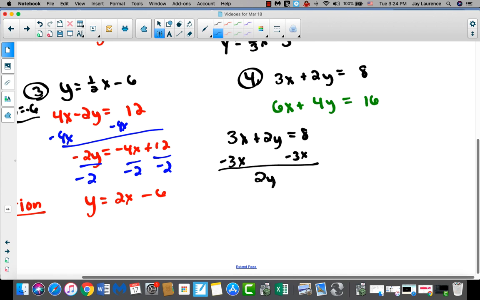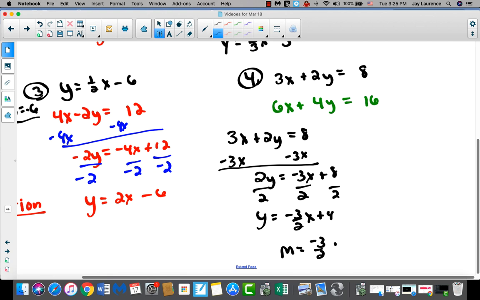And I'm going to get 2y equals -3x plus 8. And I'll divide by 2. Notice I do it in all 3 places. Y is going to equal -3/2 x plus 4. So my slope is -3/2. My y-intercept is 4.